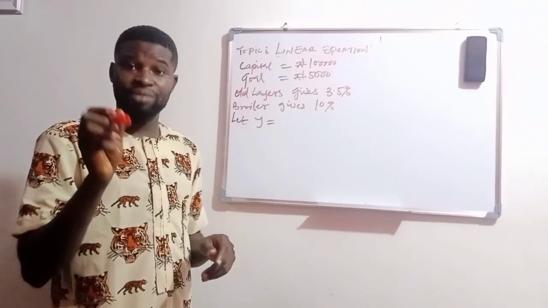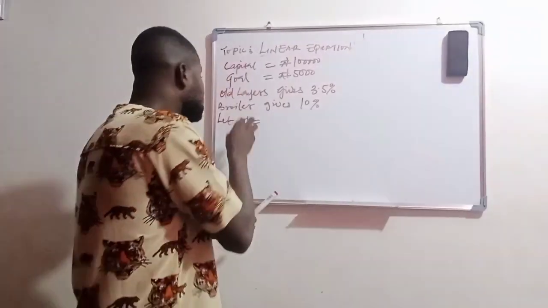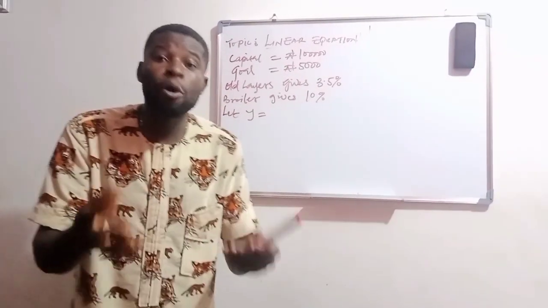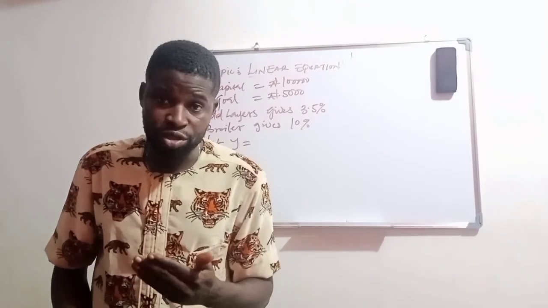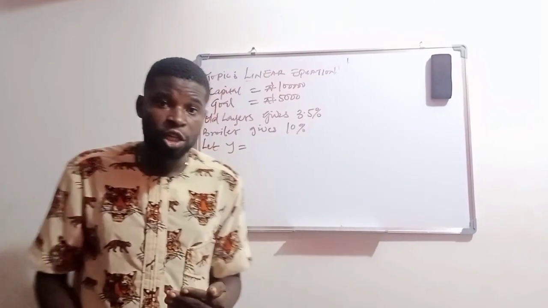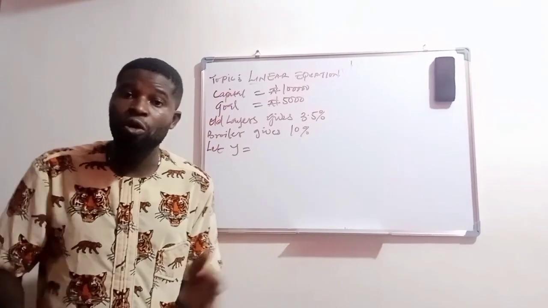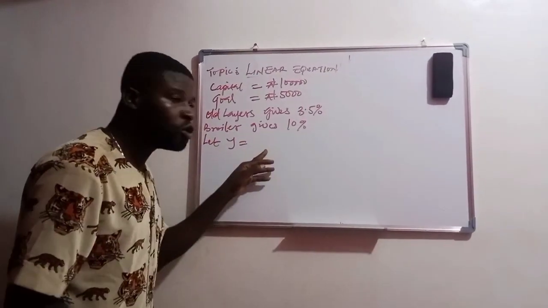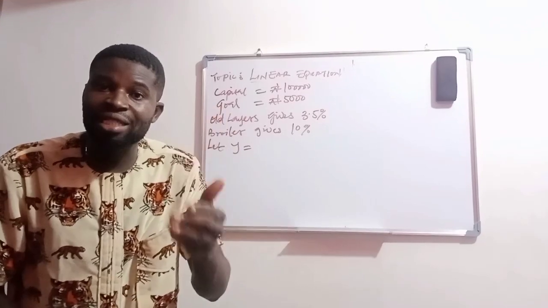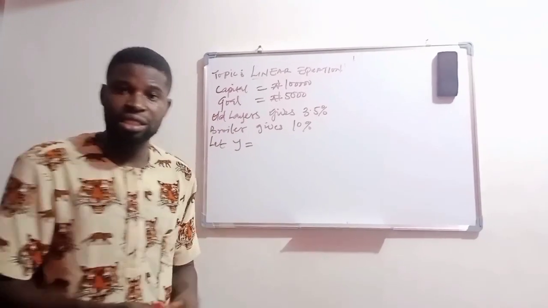Are you getting what I'm saying? Now, this y is just a dummy. I'm using this y to get what I want. Did you get what I'm saying? You can use any other alphabet of your choice.